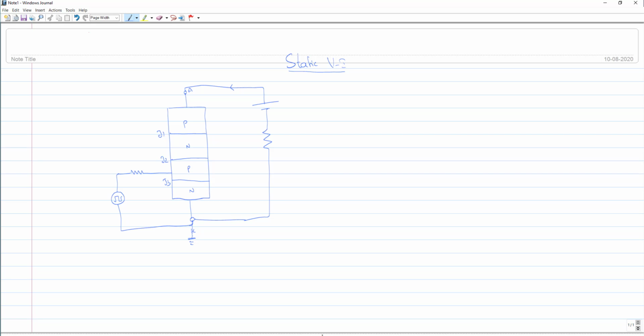Now, as you have already seen the static switching characteristics of the thyristor, how the thyristor is acting. Now suppose let me take this. Let me assume that I have given the required amount of gate voltage to turn on the thyristor.